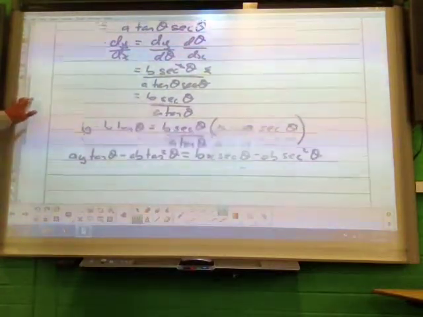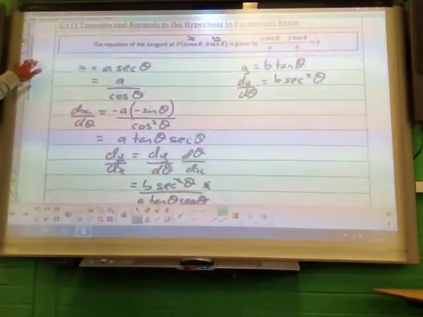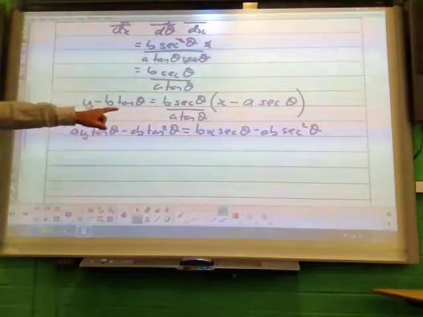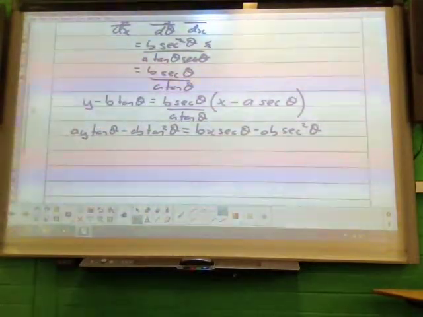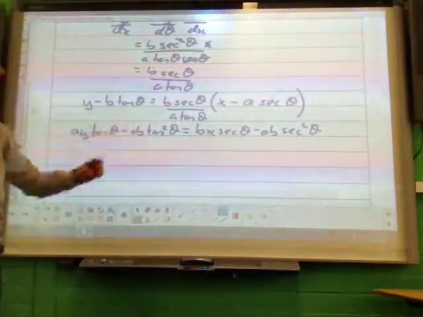So we need the formula x sec theta take away y tan theta. Okay, there's x sec theta and y tan theta, so I'm going to put them on the same side and then move this onto the other side.